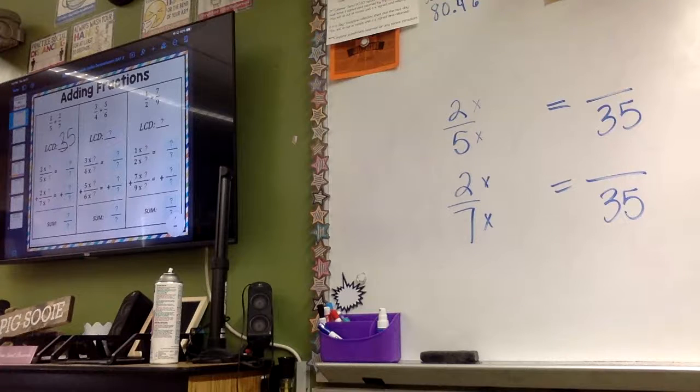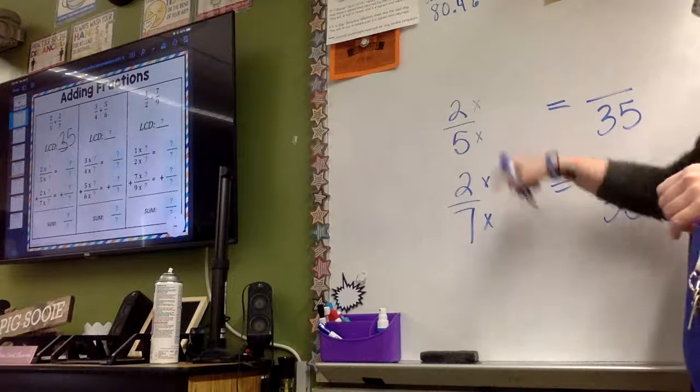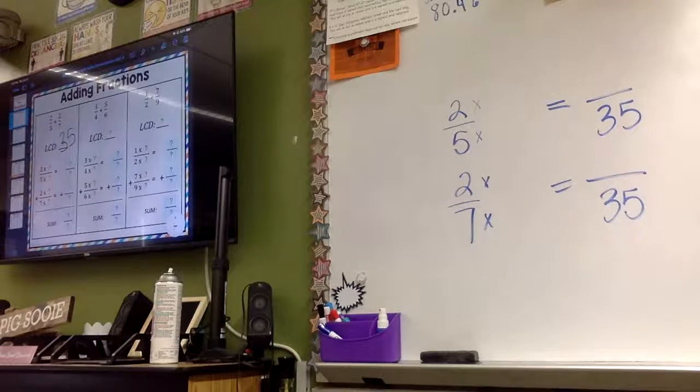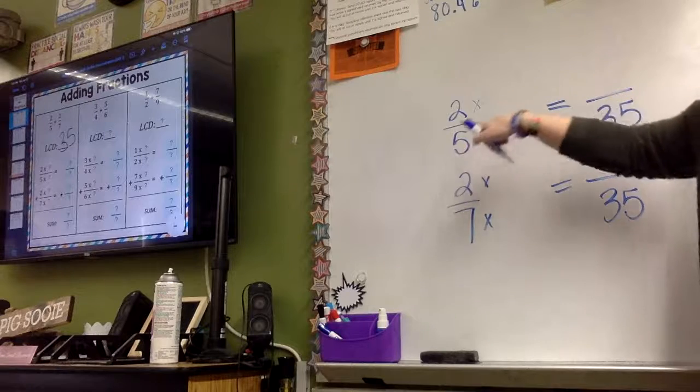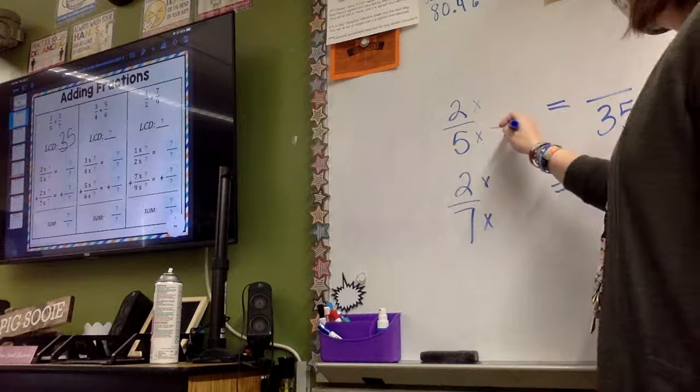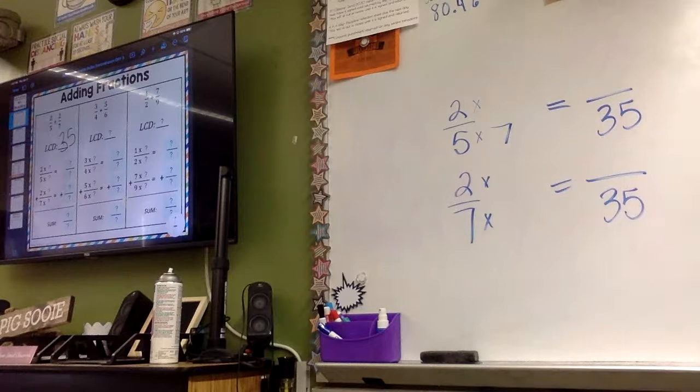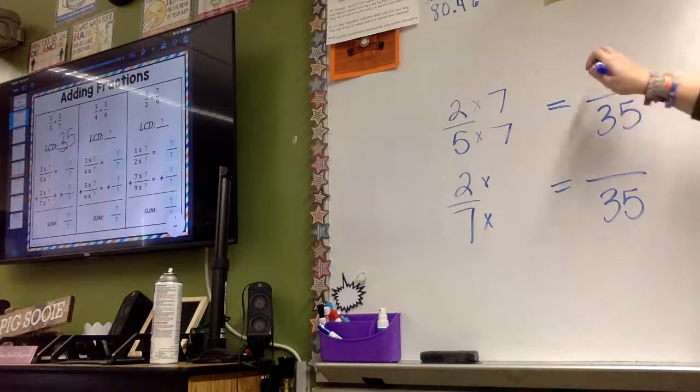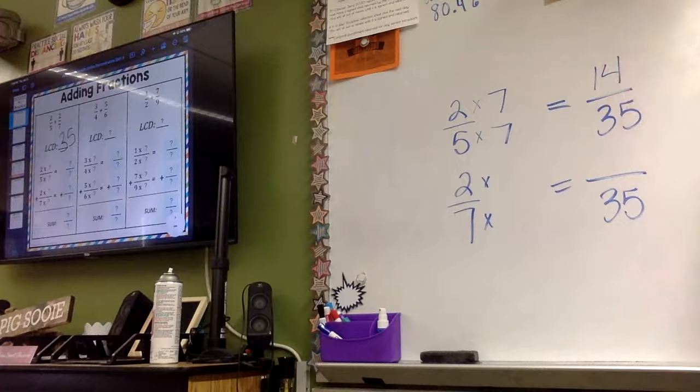Now, I have to figure out what am I going to multiply each fraction by to get 35. So let's start with the top. 5 times what would give me 35? 7. If I multiply the bottom by 7, I have to do what? Multiply the top by 7. What's that going to give me up here? 14. Okay?